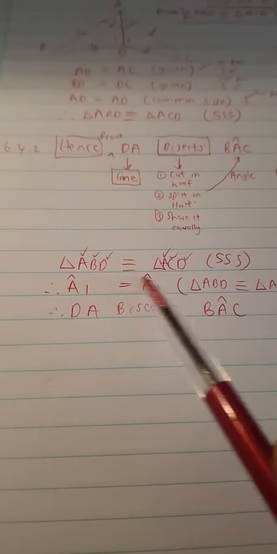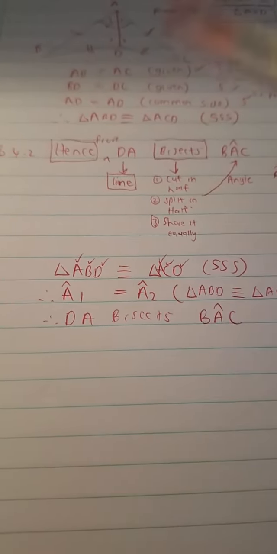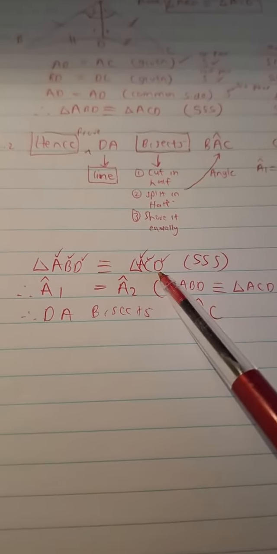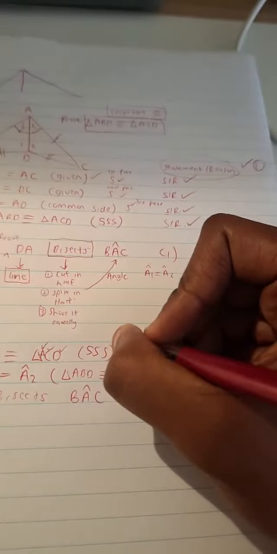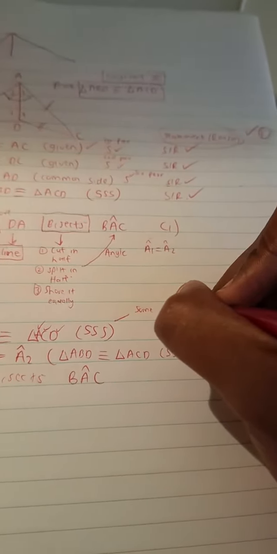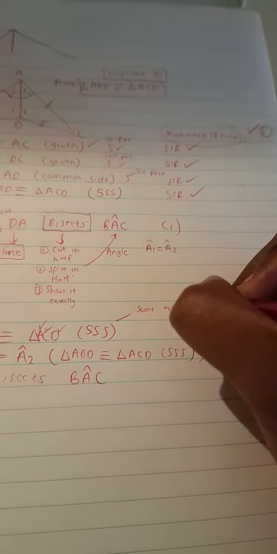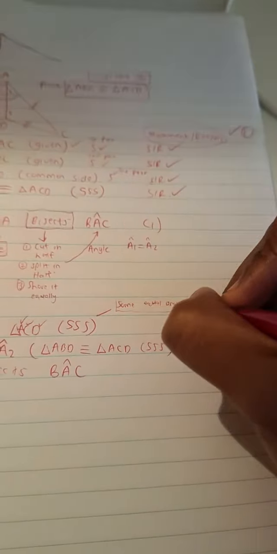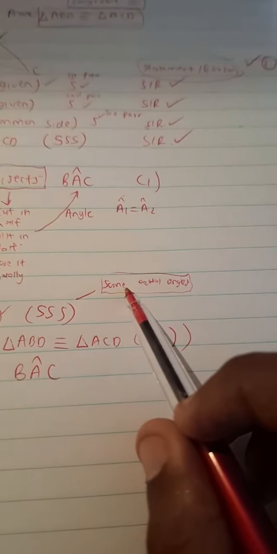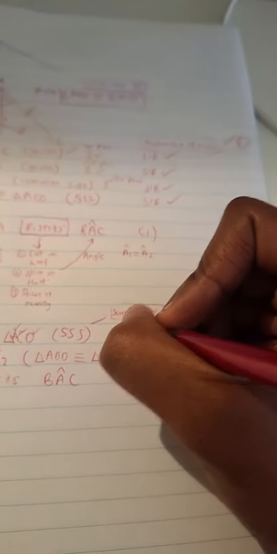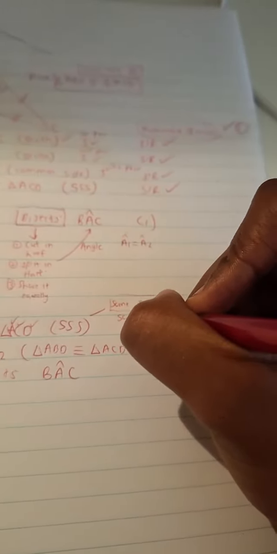So because we had already proven in the previous question that triangle ABD is congruent to triangle ACD, what does congruency mean? It means we have the same equal angles. The minute, guys, we say that the triangles are congruent, we are done. Those two triangles have the same equal angles, and they also have the same equal sides.